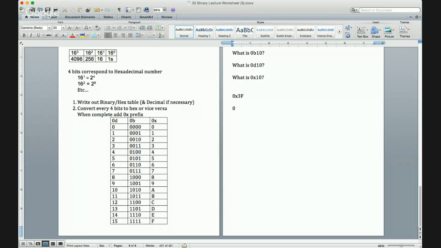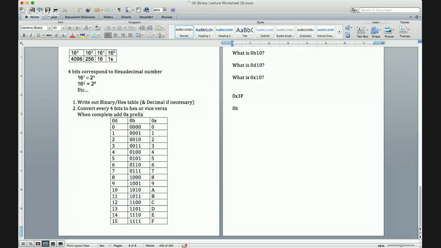What is the binary equivalent of 3f? All I need to do is use my table, which is why I included this in my algorithm. If you're converting between binary and hexadecimal, until you're comfortable, write it out. 0 through 15 in decimal, 0 through 15 in binary, 0 through 15 in hexadecimal.